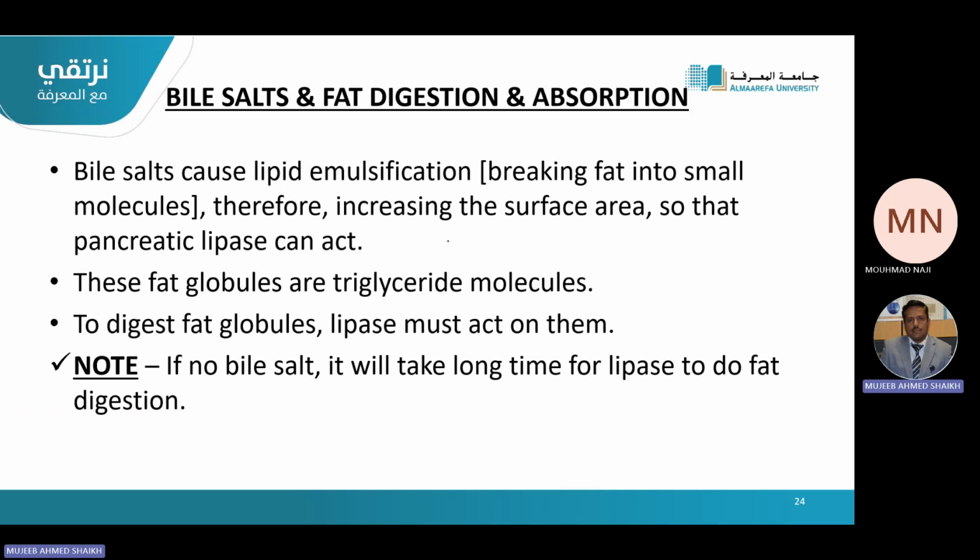So basically, no chemical reaction is happening between bile salts and the fat. It is a physical reaction. We call it emulsification, breaking down of fat molecules into smaller fat molecules, which is known as micellar formation, so that these small molecules will be available for the action of pancreatic lipase. Pancreatic lipase can act on these smaller molecules.